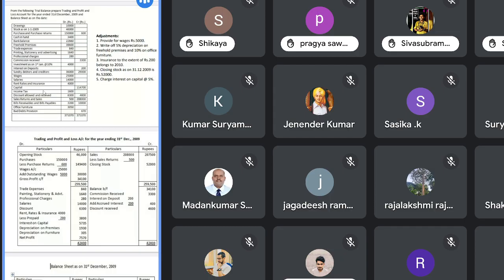Now come to the credit side. Sales is given 2,08,000 in your trial balance. You have to deduct sales return 500, which is also given, right? Sales minus sales return. Sales is always a credit balance.